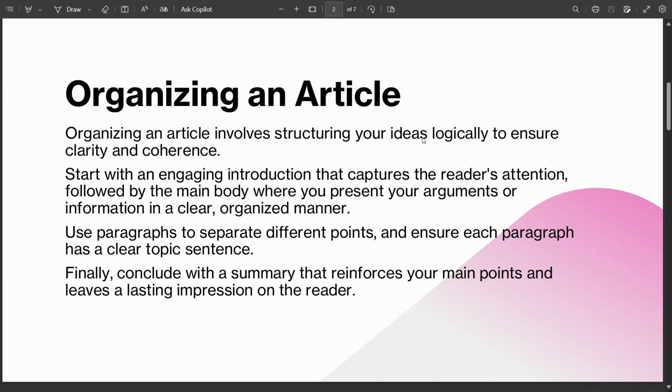So it's better to separate your paragraphs and ideas using clear formatting skills, let's say, where you indent or whatever you do, just separate paragraphs. Okay. And finally, conclude with a summary that reinforces your main points and leaves a lasting impression on the reader.